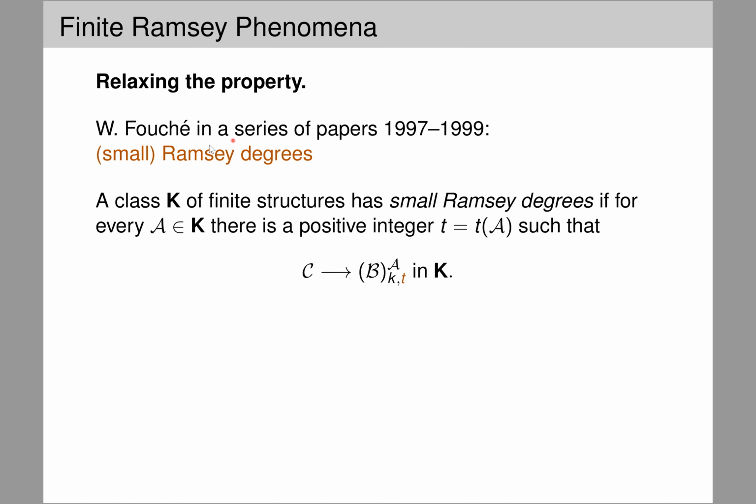Nevertheless, we say that the class K of finite structures has small Ramsey degrees if for every A in K, there is a positive integer t. So you give me a finite structure, and I give you an integer t that depends only on that finite structure and nothing else, such that for every B, there is a C which is Ramsey for B, A, k, and t.